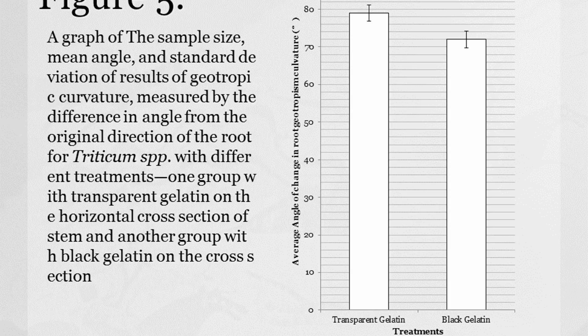And these are the results. In the graph, where the error bar indicates the standard error, there was a significant decrease using the black gelatin compared to the transparent gelatin, taking the error bars into account. Thanks to the central limit theorem, I could use the t-test.